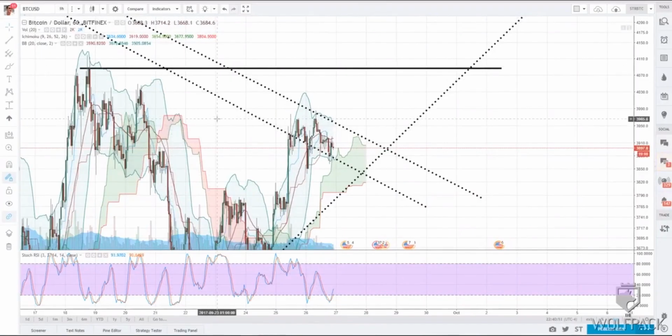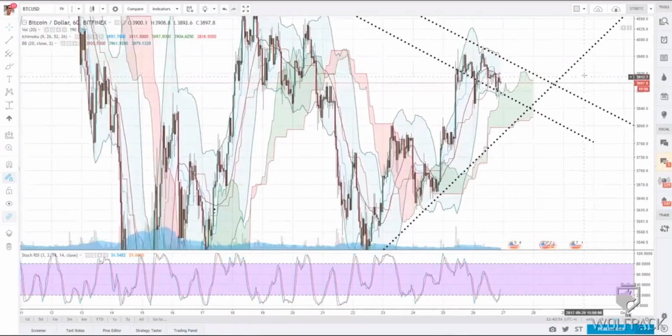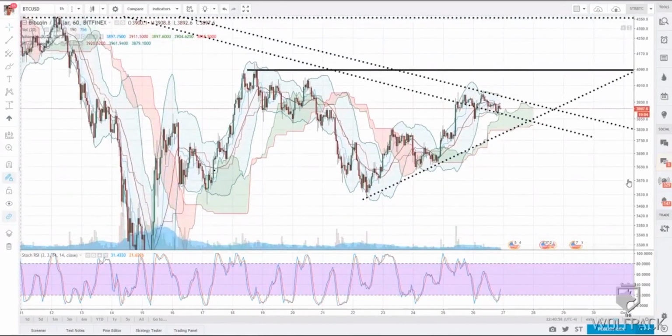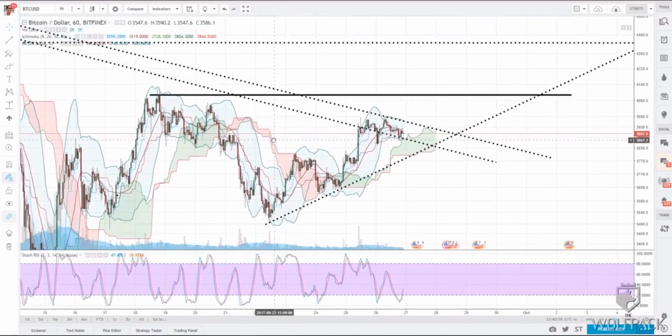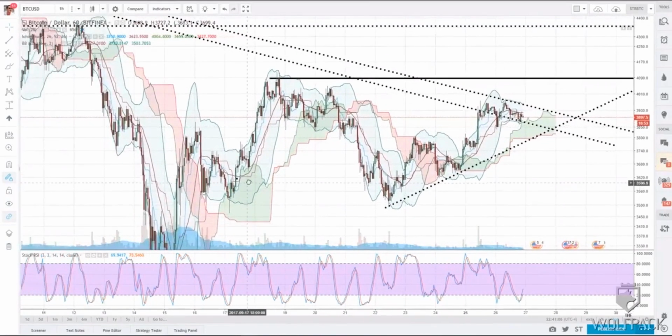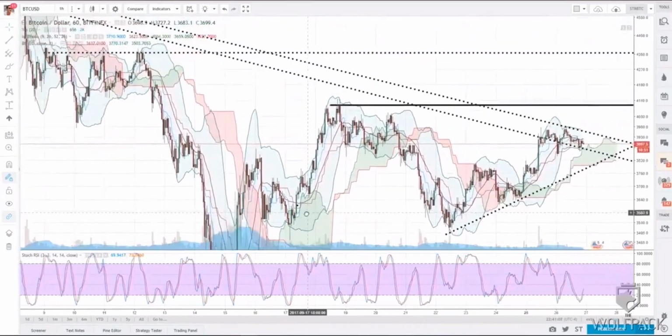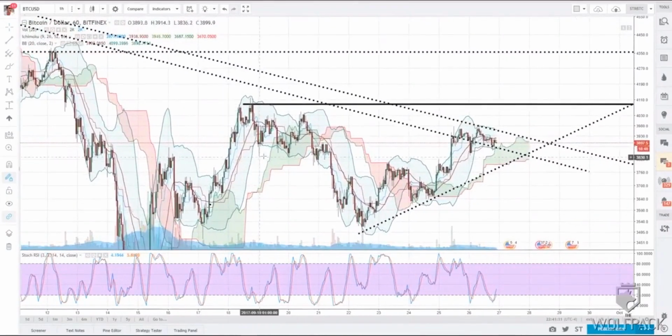So the 1 hour is definitely, I would say, the most correct and the most common one, and it's usually the most correct because it is the most common one. If you're thinking the same way that every other trader is thinking, or the way that algorithmic bots are thinking, then that gives you an edge in the market because you're moving with the crowd. You always want to be moving with the crowd, never against.